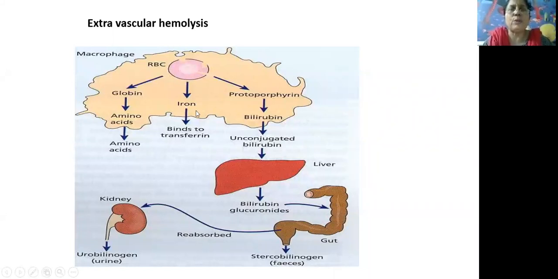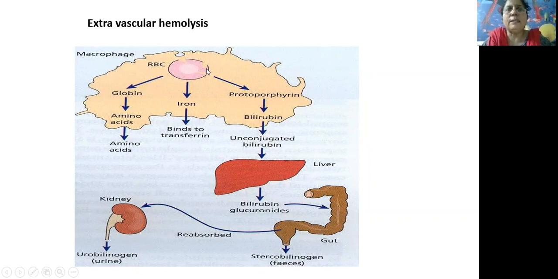This is a macrophage. The RBC is somehow engulfed by the macrophage, either due to a macrophage fault or due to the RBC problem, either the intracorpuscular or extracorpuscular defect.